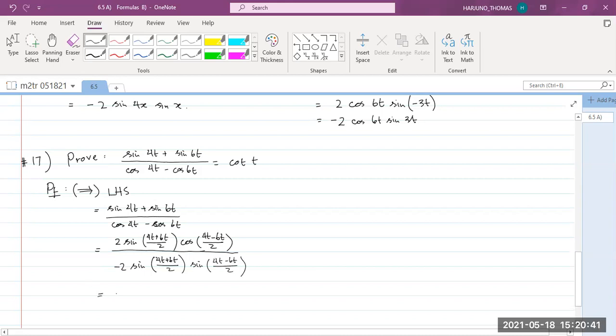Then simplify: on the top I get 2 sine 5t cosine negative t.